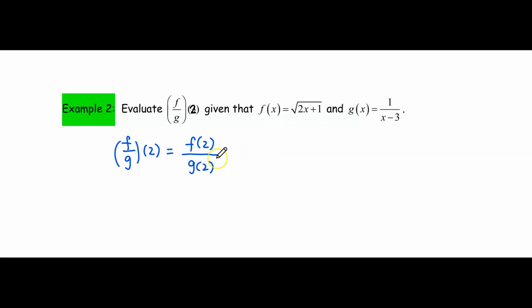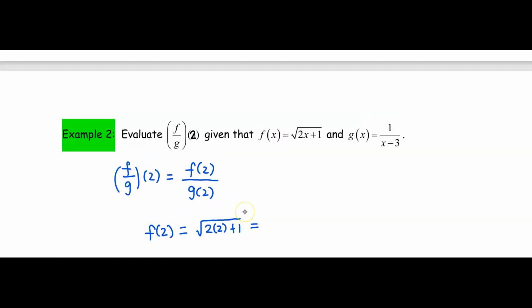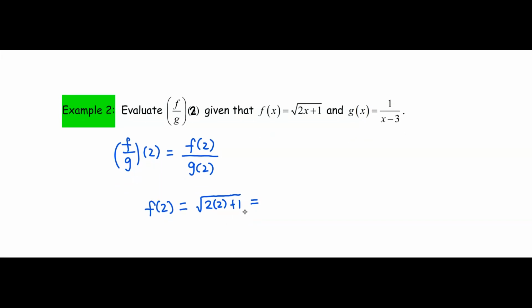Now we can simplify first f at 2. So that means you can look at f here and then evaluate at 2. So that means you replace x here by 2. So you have square root of 2 times 2 plus 1. And that would be equal to, this is 4 plus 1, that's 5. So that is equal to the square root of 5.